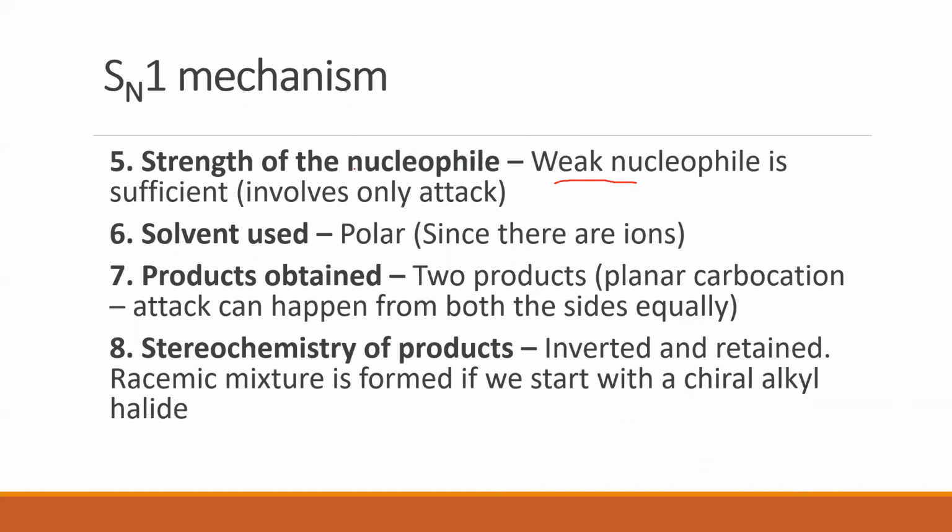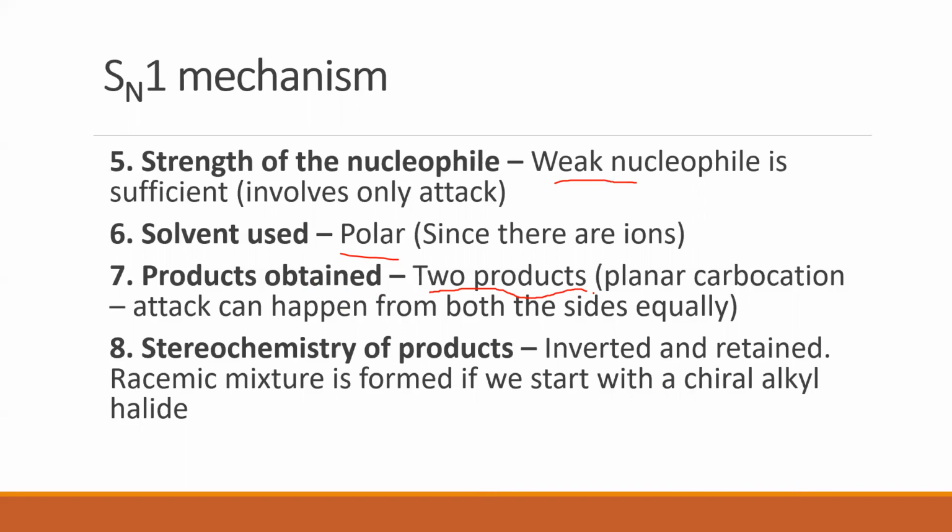Solvent used has to be polar since there are ions. Clear? Since there are ions in this mechanism, we need to stabilize them, and the solvent that stabilizes ions is a polar solvent. Products obtained: two products. As we just discussed, both retained product as well as inverted product.